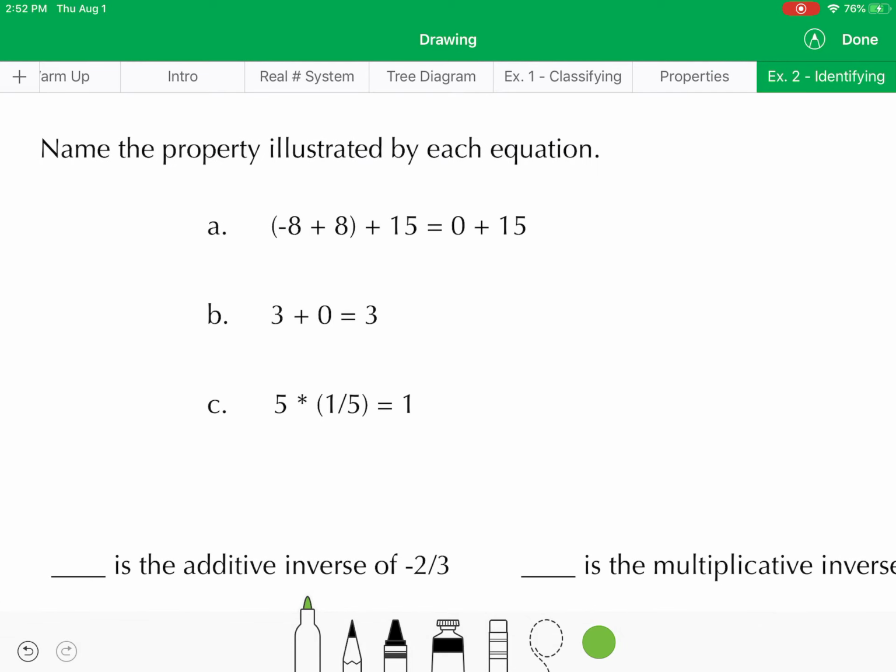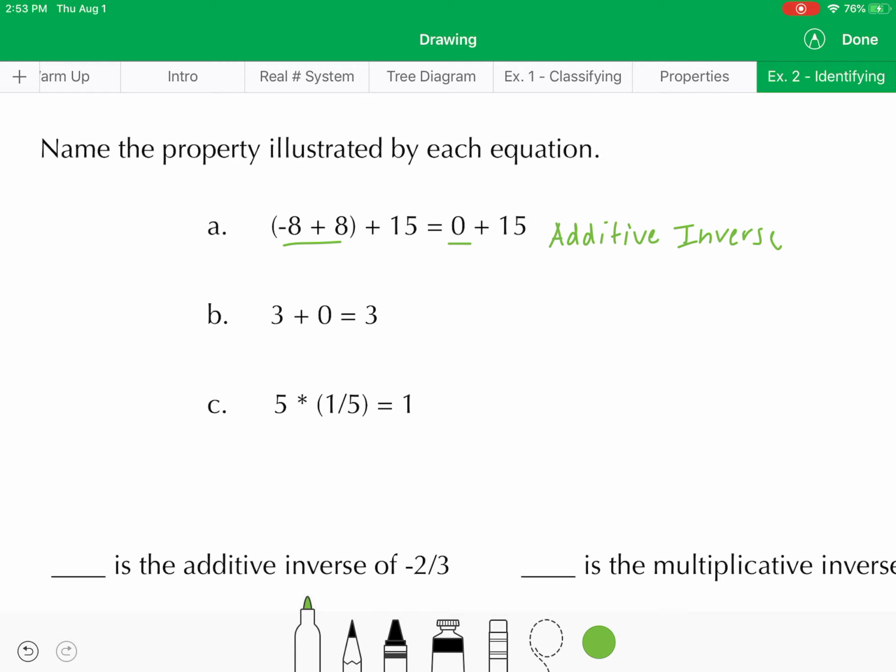Name the property illustrated by each equation here. So in the first one, part A, we have negative 8 plus 8. That's being simplified to 0. Negative 8 plus 8 equals 0. That is nothing more than our additive inverse property. Part B, 3 plus 0 equals 3.